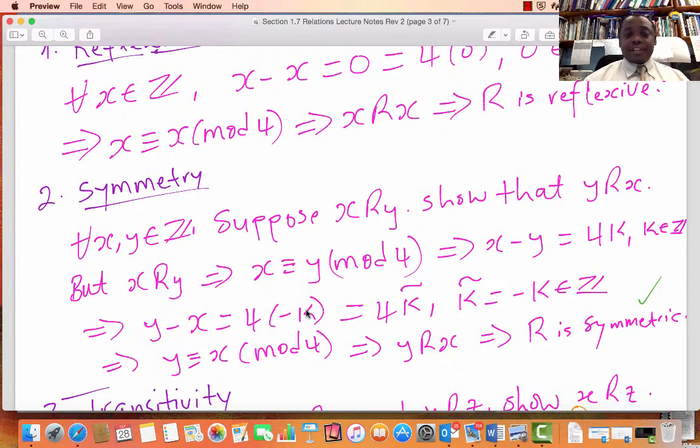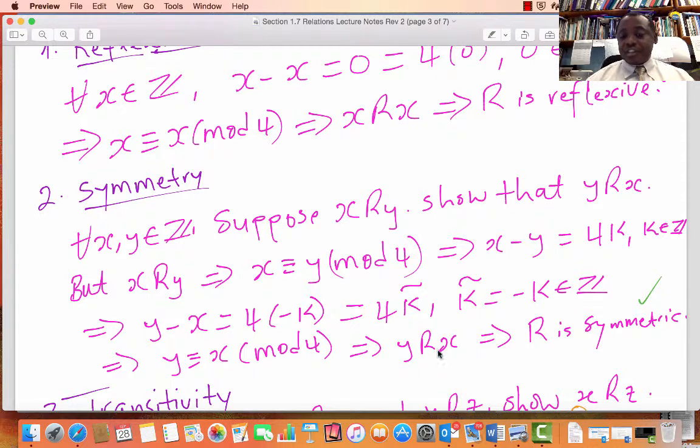k is an integer, -1 is an integer, the product of two integers is an integer, so that equals 4 times k wiggle, where my k wiggle is -k, and that is an integer. So I have written y minus x as 4 times some integer k wiggle, and by the definition of congruence, that means y is congruent to x mod 4.